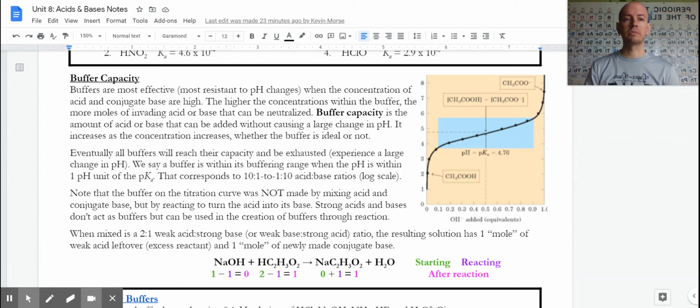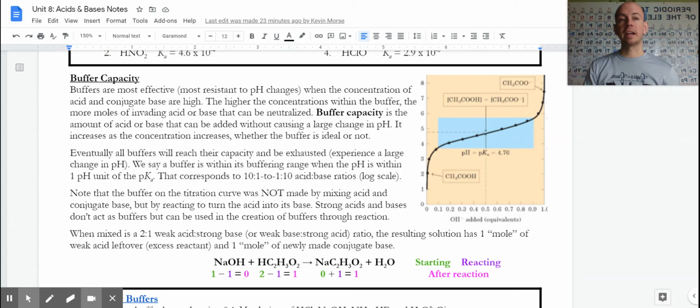The last term related to our understanding of buffers is buffer capacity. If a buffer is defined as being resistant to pH changes, or a solution that doesn't change pH very much when we add acid or base, we have to think about what that "very much" means.